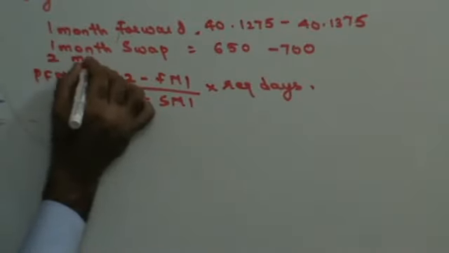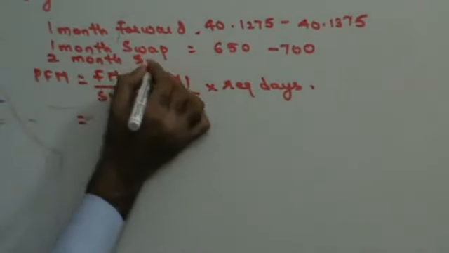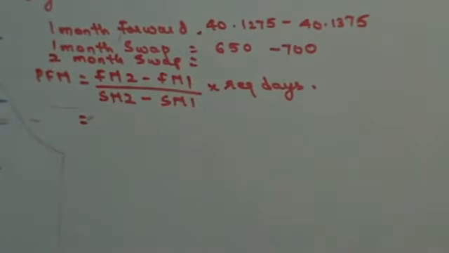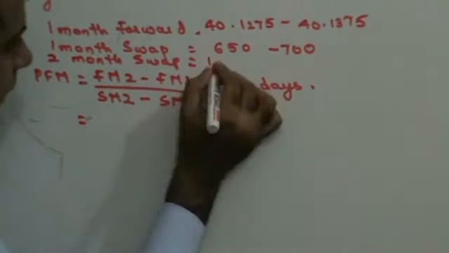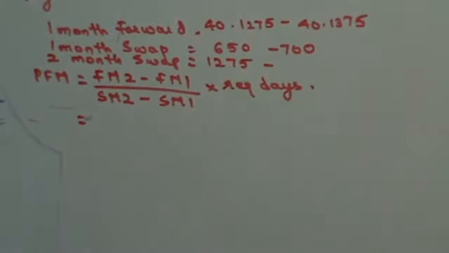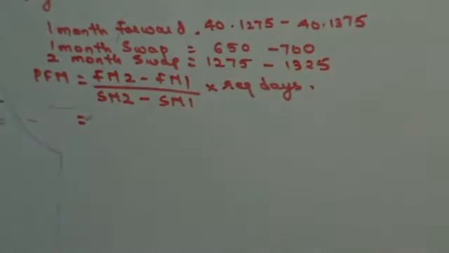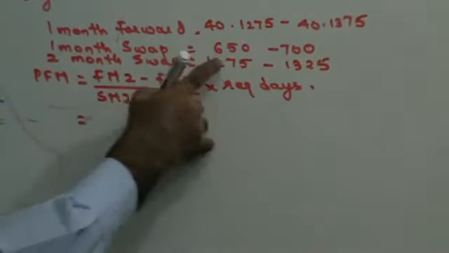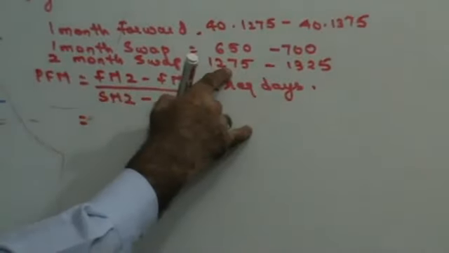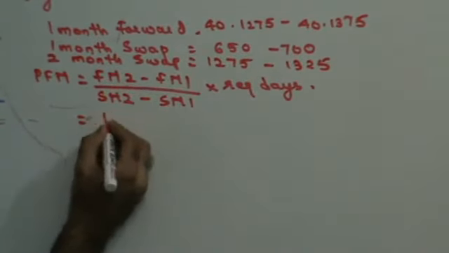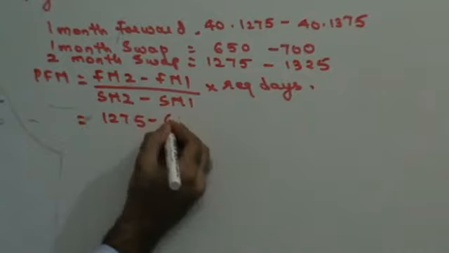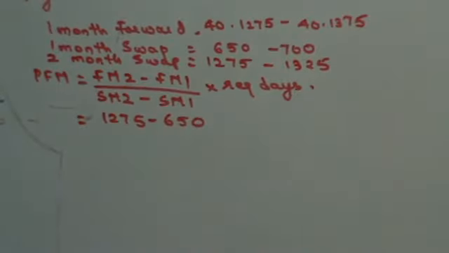Now my 2 months swap points are given to you as 1275 and 1325, right? First let's calculate for bid. Second forward margin, for 60 days, is 1275; for 30 days it is 650.